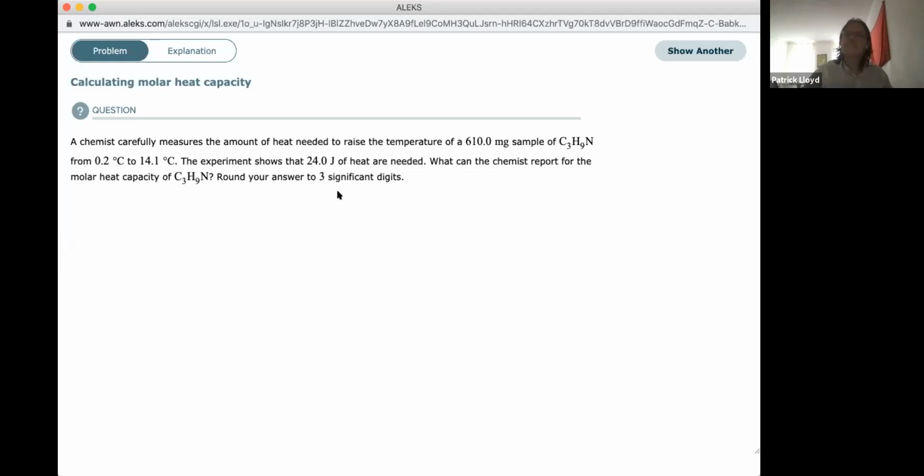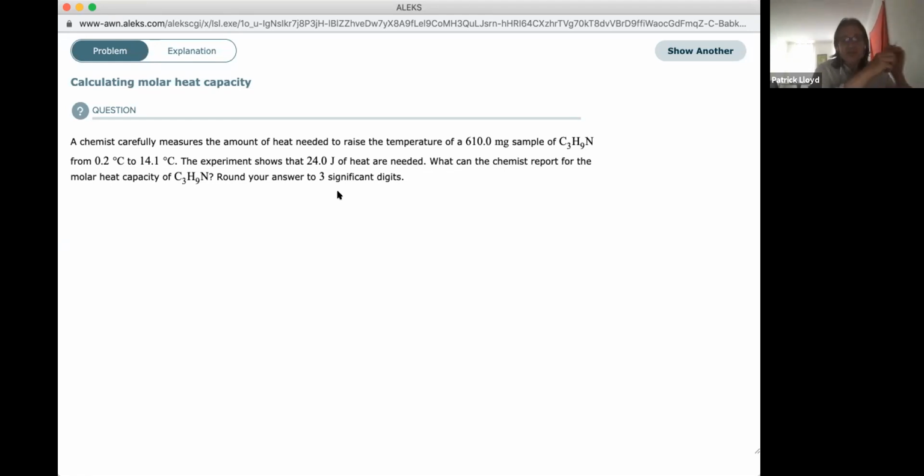All right. Let's take a look at this one. This one's called calculating the molar heat capacity. Molar heat capacity, that term molar, remember molarity?